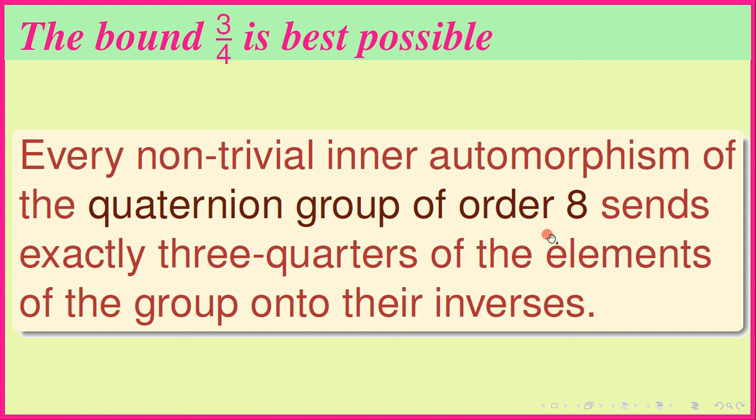And if you consider the inner automorphism, that means automorphism given by conjugation by non-trivial elements, that will give you non-trivial inner automorphisms. So these automorphisms actually send 3/4 of the elements of G onto their inverses. You can check it.